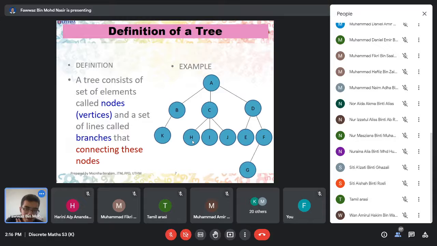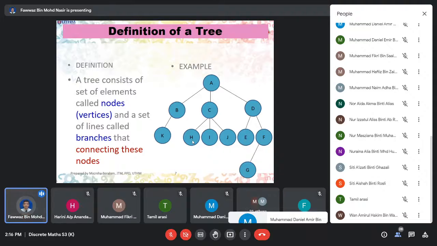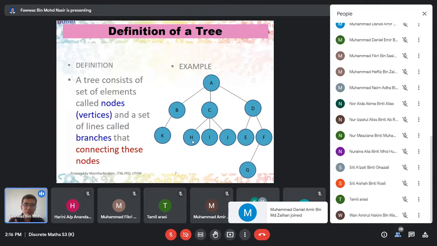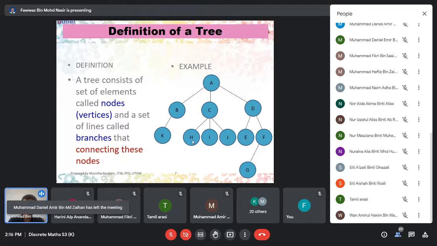Okay, jadi dia punya important characteristic untuk categorize a graph as a tree ialah graph tersebut mestilah a simple graph and a connected graph, dan dia tak boleh ada cycle or circuit di dalam graph tersebut. Jadi dia ada basically three important characteristics yang kita kena tengok untuk categorize a graph as a tree.